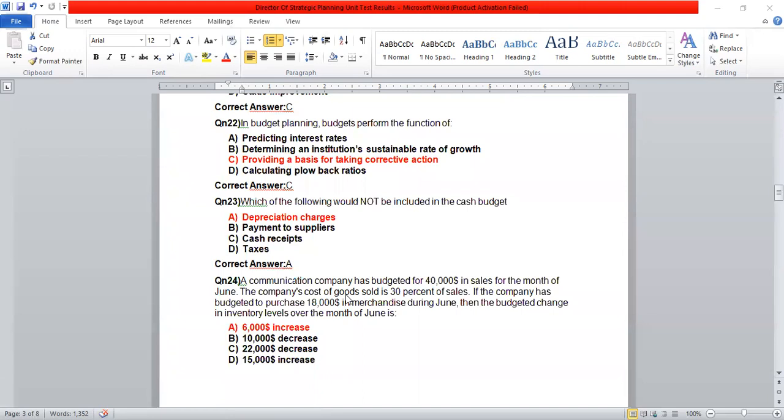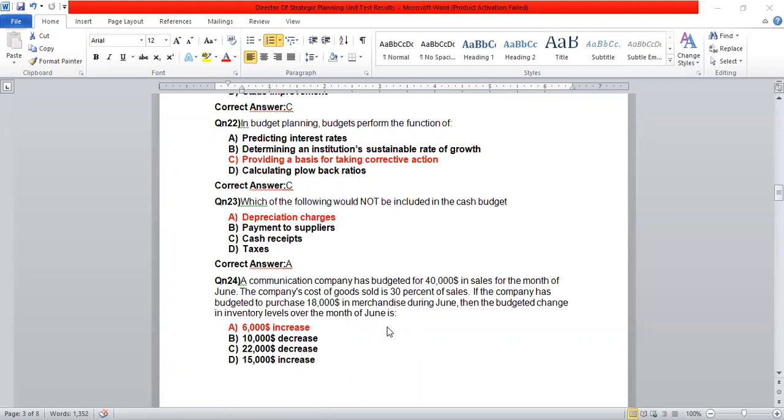Question 24. A communication company has budgeted for $40 in sales for the month of June. The company's cost of goods sold is 30% of sales.